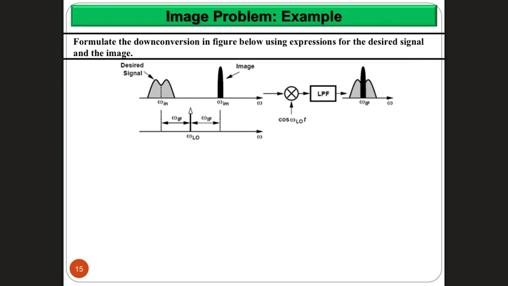Okay, so assume that the first signal, the desired signal, is a cosine function. We call it A incoming to be consistent with what's in your textbook.